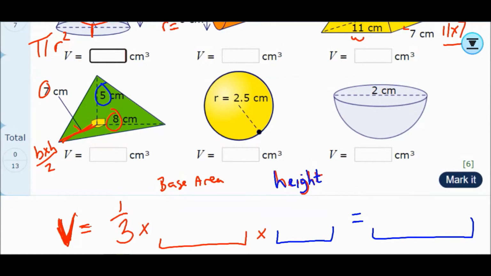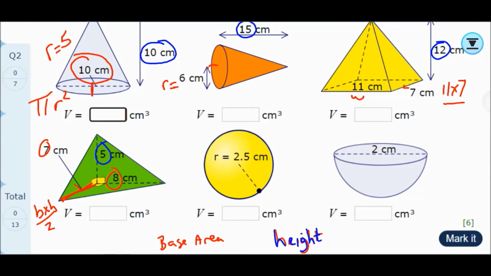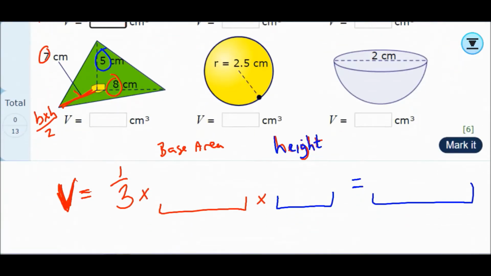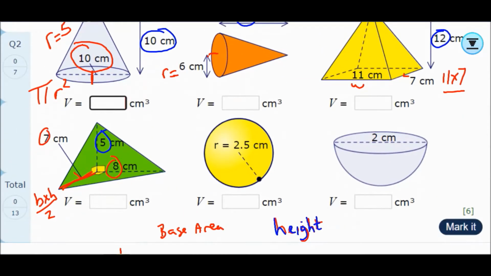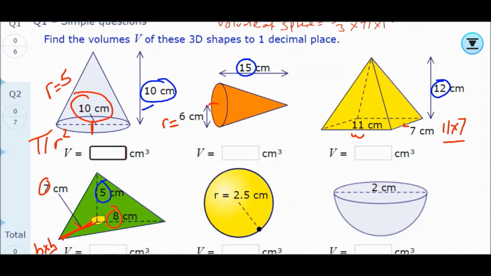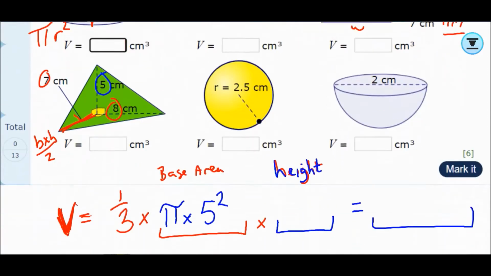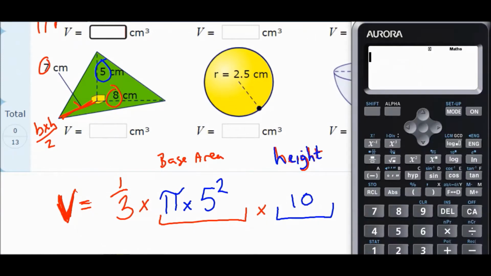To work out the base area, remember for the cone, we'll do those 2 first, is pi r squared. So we can put in pi times the radius, which on this one is 5 squared, multiplied by the overall height, which we can see at the top here is 10. So let's type that into the calculator then.